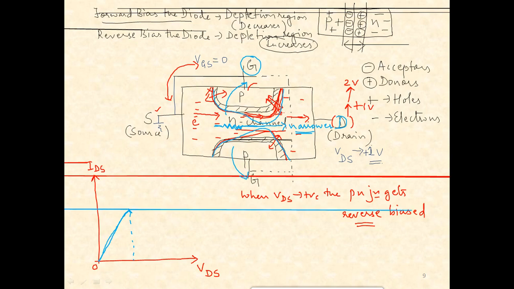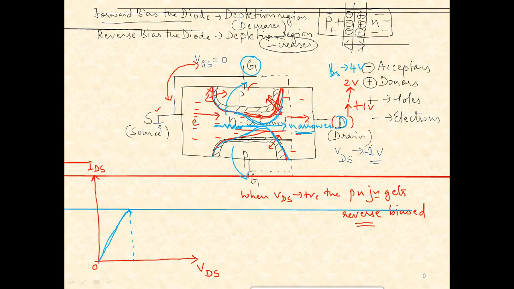At some point of time, if I further increase VDS to, say for example, 4 volts, then it appears as if the depletion region of both the P regions are trying to touch each other.